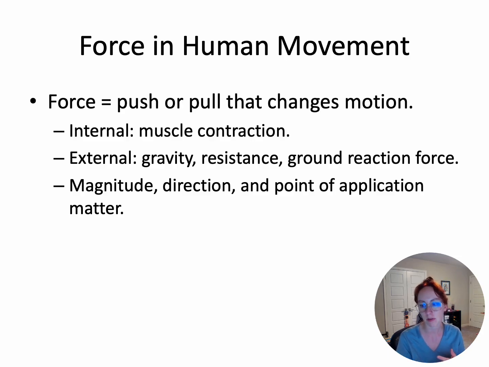These are produced from outside the body and originate from these variable applications. We'll go over each one in particular as well. Force has magnitude, direction, and a point of application. All of those matter when it comes to the force that is being generated and the force needed to overpower it. We'll go into that a little bit here.